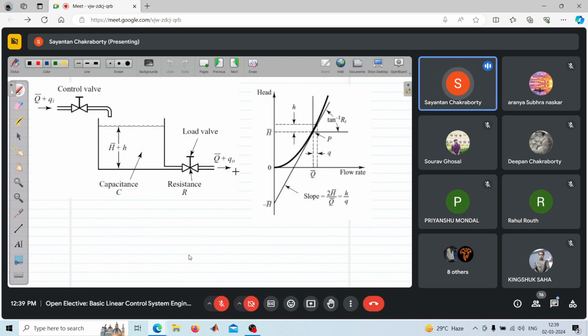Qi represents the deviation in inlet flow rate. The corresponding deviation in the height of the liquid in the tank is represented by small h, and consequently the outlet flow rate will deviate from its steady state value Q bar by an amount q0. Our objective is to find a relation between qi, q0, and h, and that will be the dynamic model for this system.